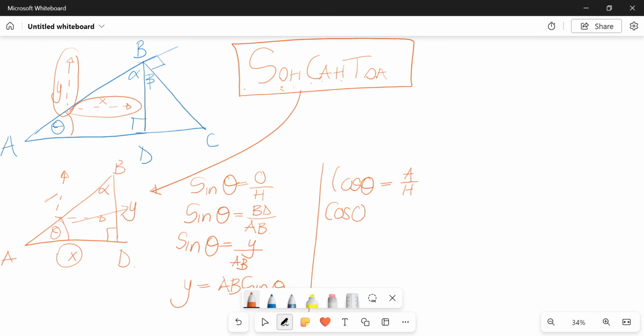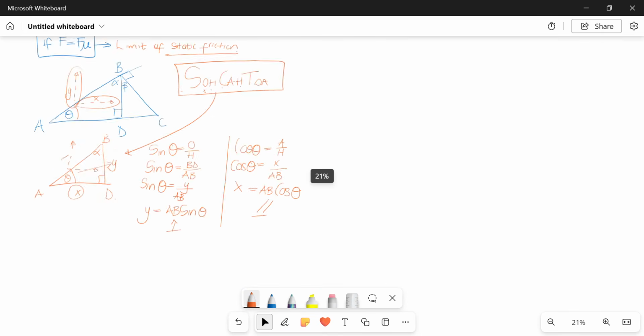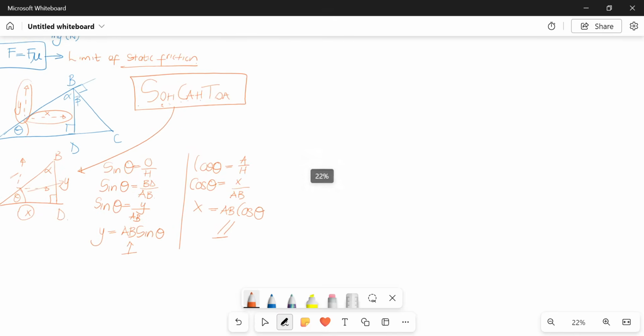Okay, cos of theta would be your adjacent is x, hypotenuse would be your AB. Okay, so your x would be AB cos theta. Why am I lying to you? Okay, so this would be your perpendicular component and this would be your parallel component, right? I hope we're still together, right?